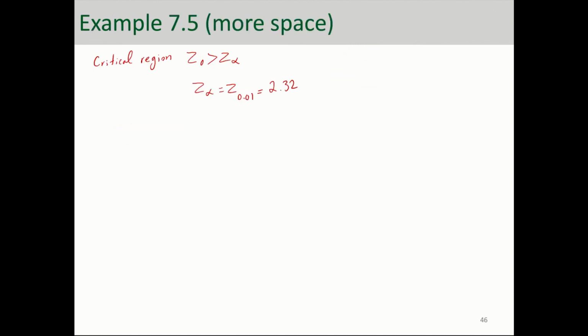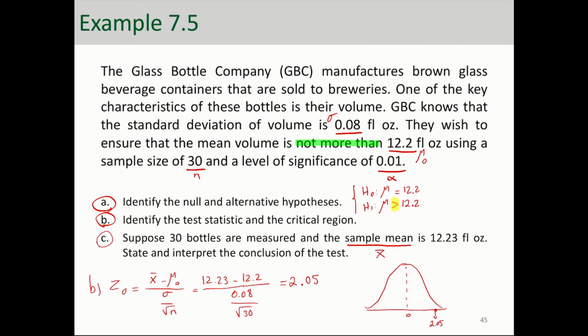It looks like our critical region starts at 2.32, essentially a little after our test score here. Right, so the critical region is here, which is 2.32.